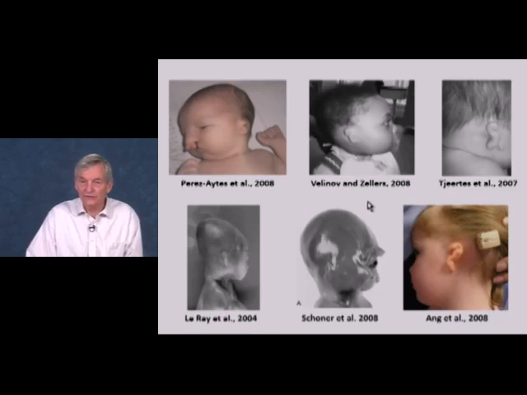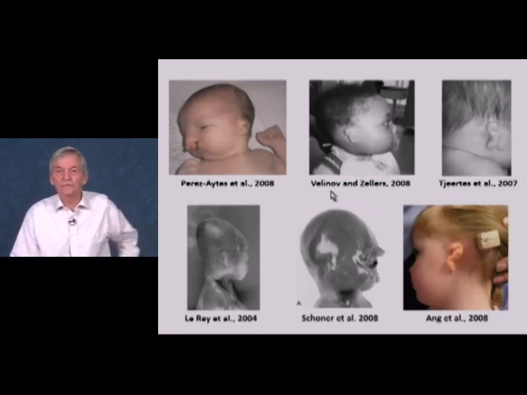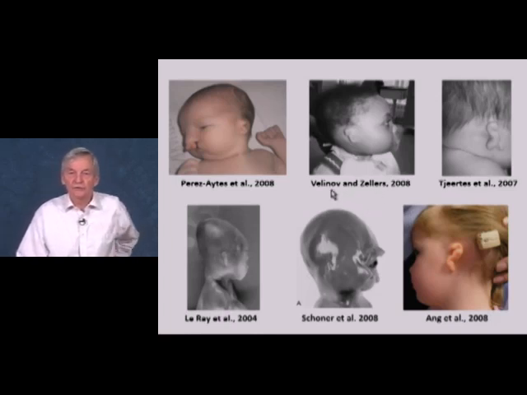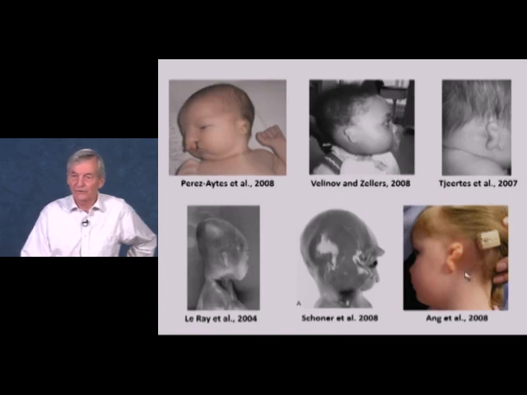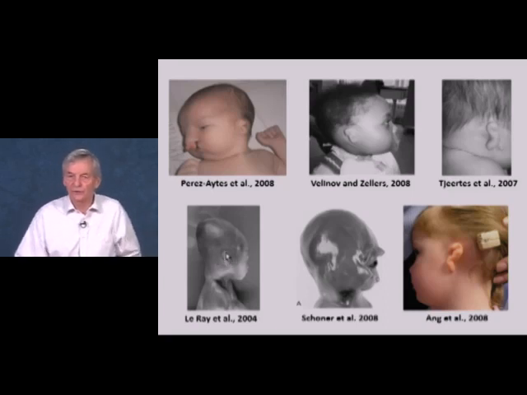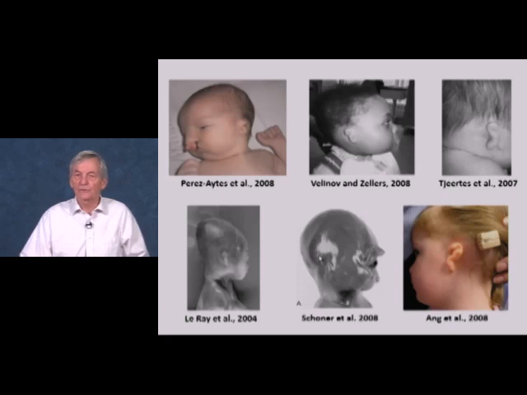This is a collection of slides from different publications. You can see that the medical literature exploded with reports on these children in the last half of the first decade in this century. You can see 2008, 2007, lots of reports. Fetuses were being diagnosed during pregnancy once this exposure was shown to be so teratogenic, and the pregnancies were terminated.